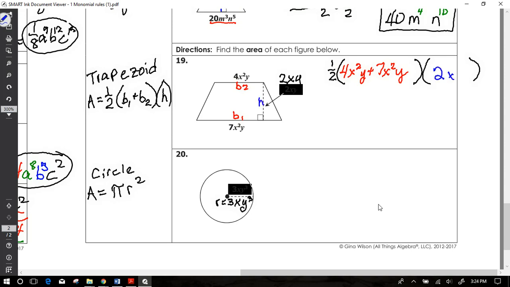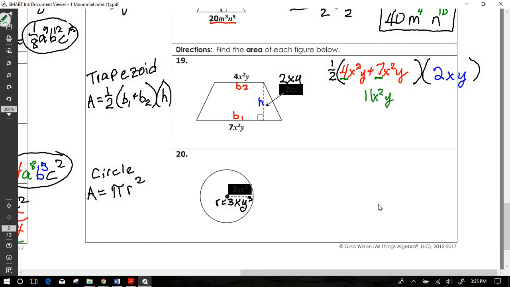is 2xy. So I am ready to start doing my distributive property, combining like terms, all that stuff I got to do. Okay. The first thing I want to do though is inside this parenthesis where you see red, I want to combine the like terms I see. So I have a 4 and a 7, which gives me 11.